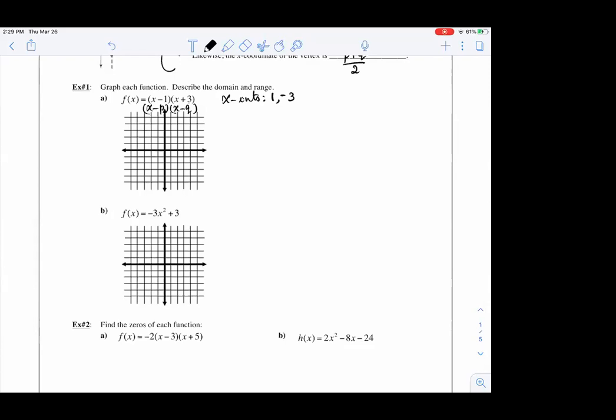Okay. Next, I want you guys to plot the x-intercepts, which are (1, 0) and (-3, 0). Those are your x-intercepts. Let's plot them.